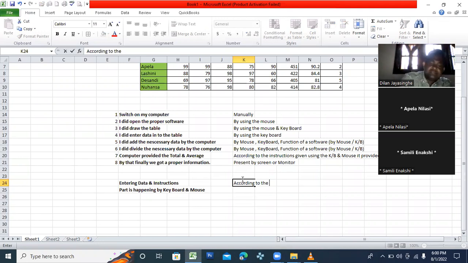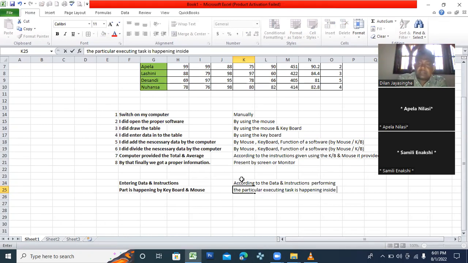According to the data and instructions, performing the particular executing task is happening inside the computer by itself.